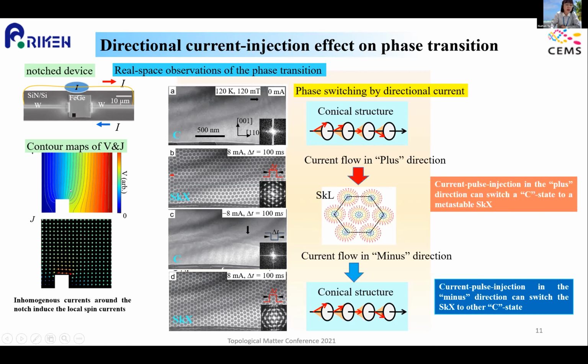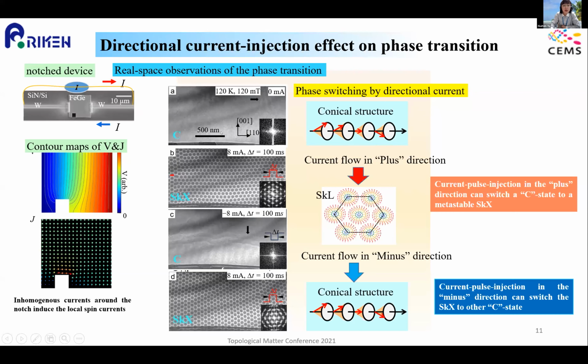You can clearly see the inhomogeneous electron current distribution around this corner of the notch. It means this local spin current is crucial to generate metastable skyrmions and then delete the metastable skyrmions. Let me explain the detail.